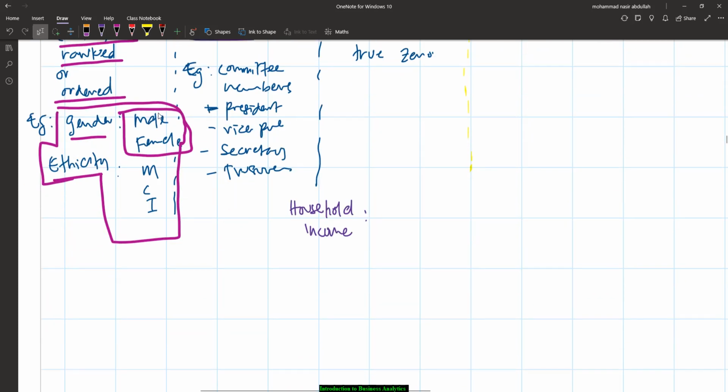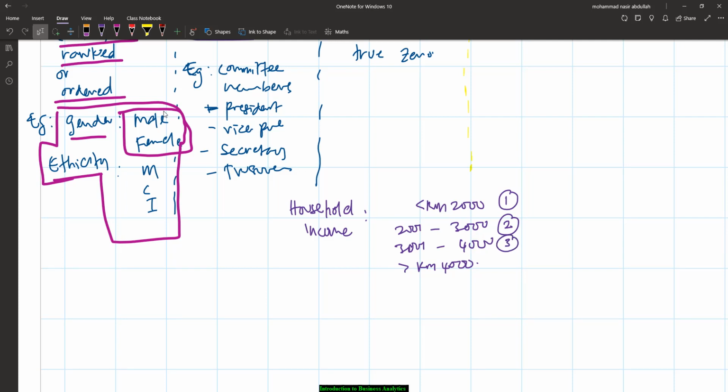Right, for example, household income, let's say the first one is less than RM 2000, 2001 to 3000, 3001 to 4000, and then more than RM 4000. So number one should be less than 2000, number two should be 2000 to 3000, number three 3000 to 4000, and number four is more than 4000.